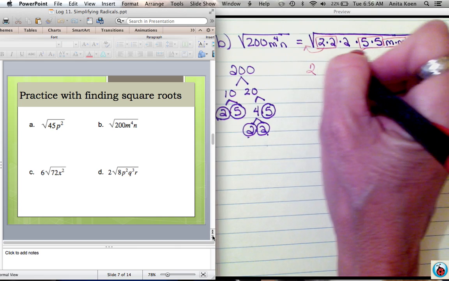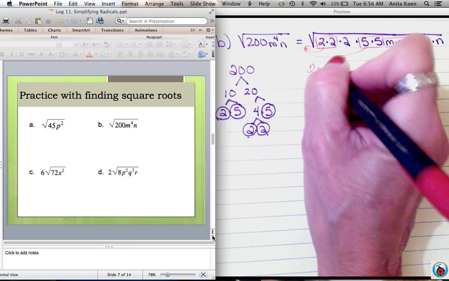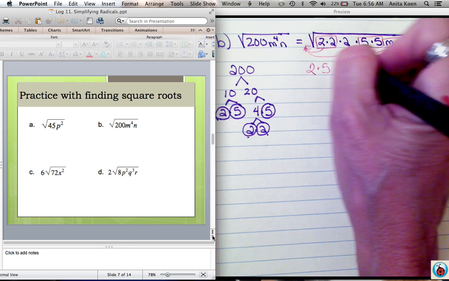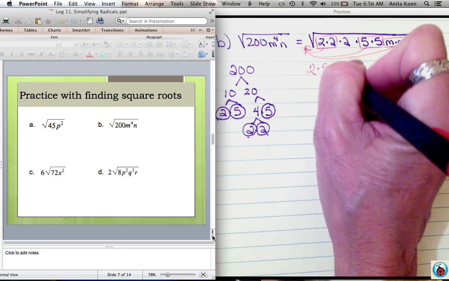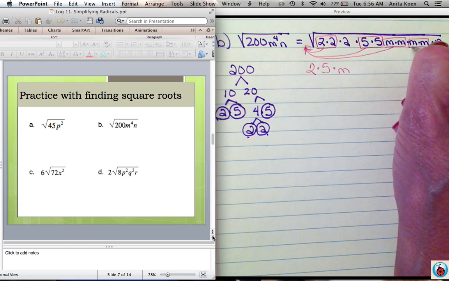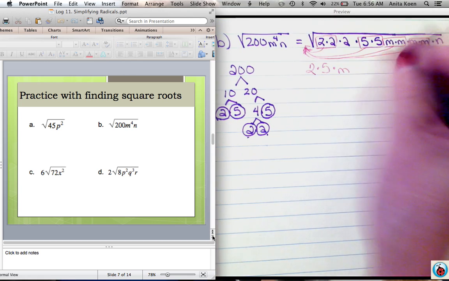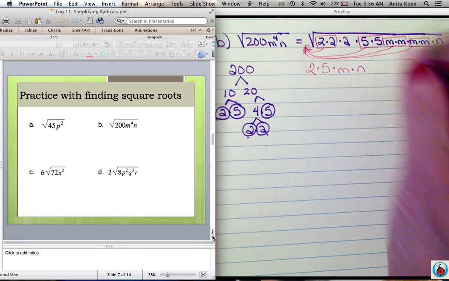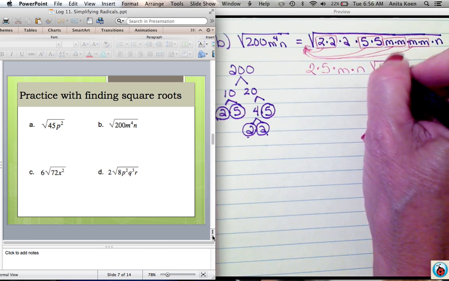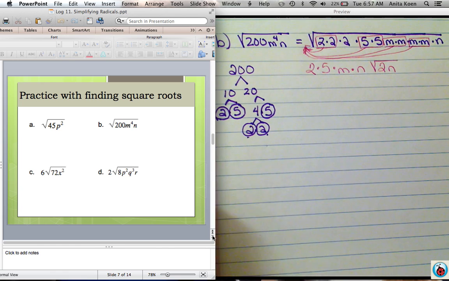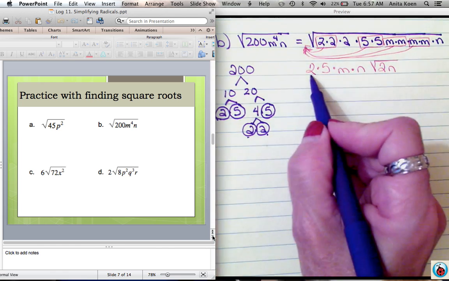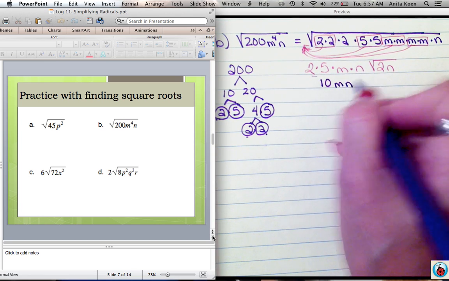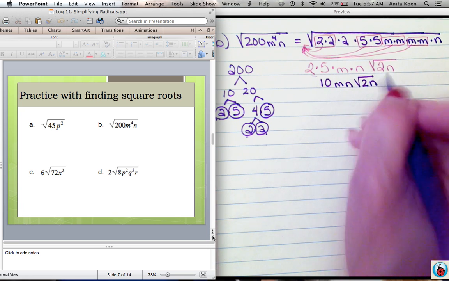This pair of 5's gets to come out as 1 5, and we're always multiplying these together on the outside. This set of m's gets to come out as one m. These m's get to come out as another m. And the 2 and the n don't have any partners, so they don't get to come out. They stay as 2n. And then I simplify this by multiplying these together. 2 times 5 is 10 m squared, times the square root of 2n.